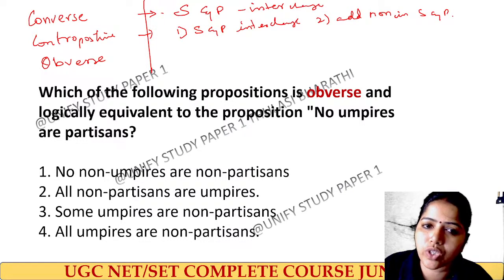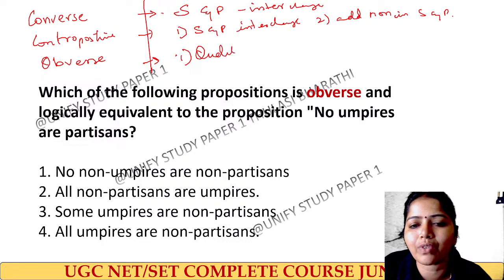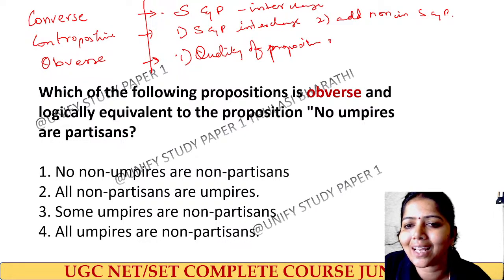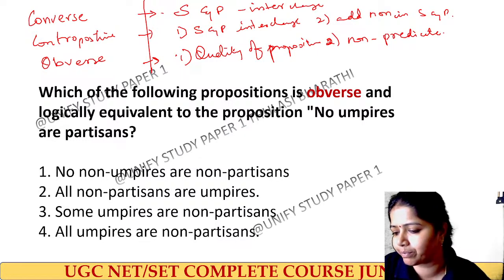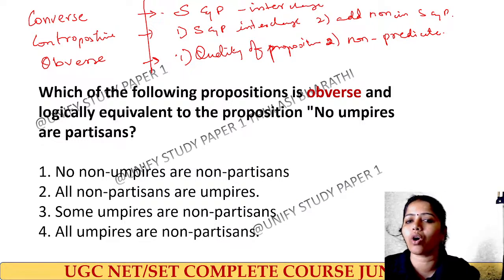That is contrapositive. Obverse means first we have to change the quality of the statement, the quality of the proposition, and then add non, negation, in the predicate. Clear? So this is about converse, obverse and contrapositive.